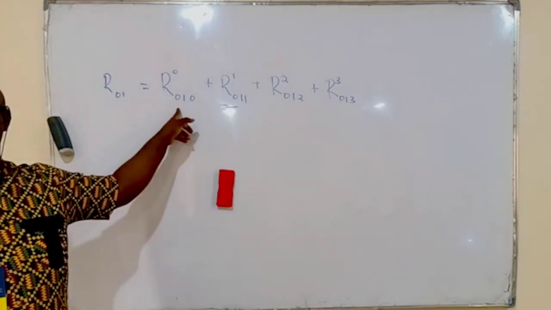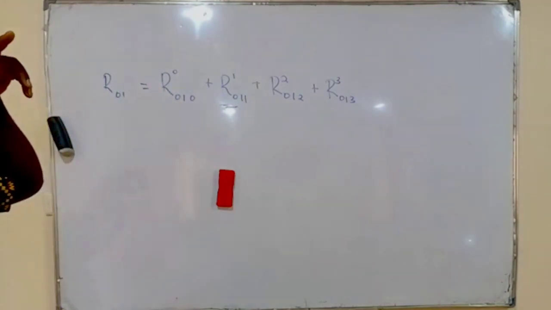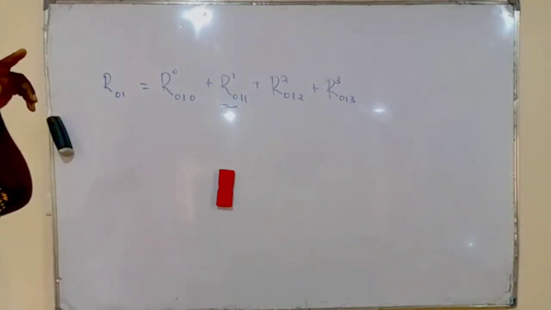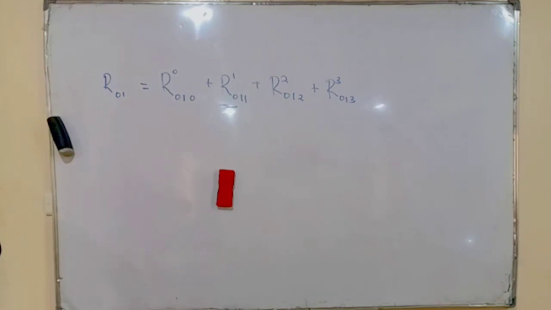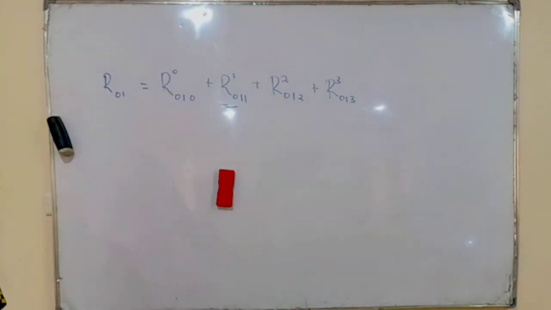This one is not 0. I'm seeing it here now. This one. Where is it? Or is it my eyes? Let me see. Okay, there are 2 zeros there.